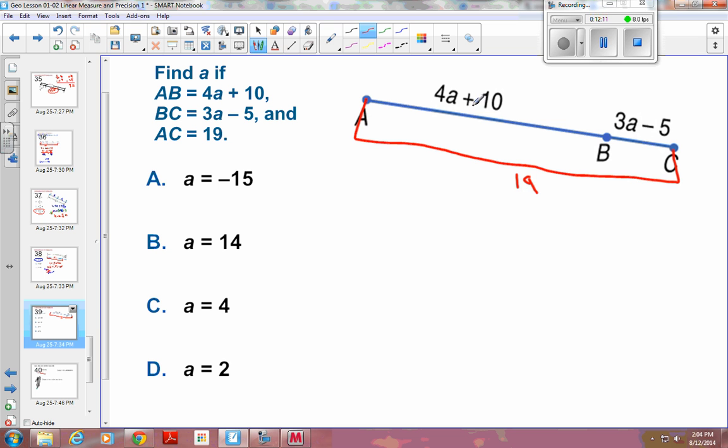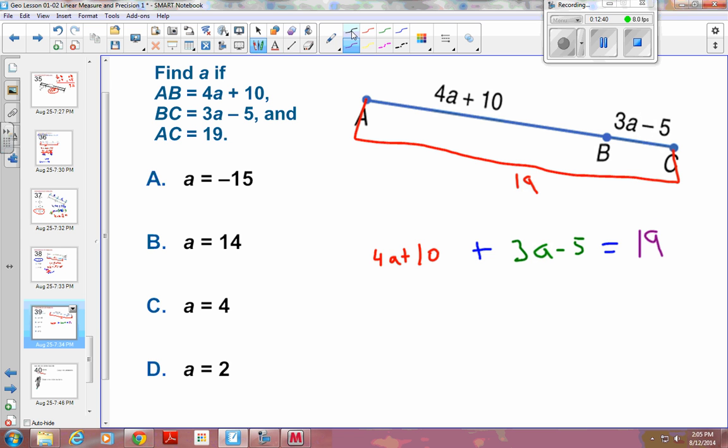So what they're telling you is if you add these two together, you should get the big long part, which is 19. So I've got 4A plus 10, and I'm adding that to my 3A minus 5, and that should be equal to the 19.